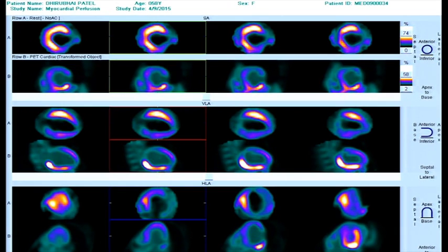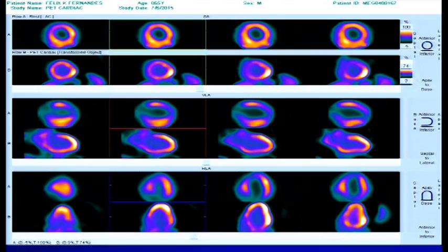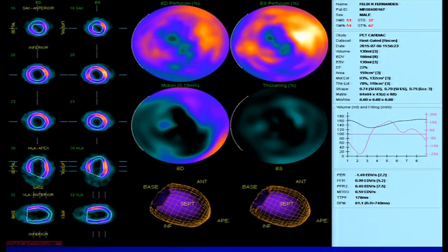You can see clear-cut viability in the inferior segment of the myocardium in the second row of images, and the ejection fraction is about 19%. This is another patient where you can see the anterior and apical defect showing viability in the FDG image. The ejection fraction here is 22%.